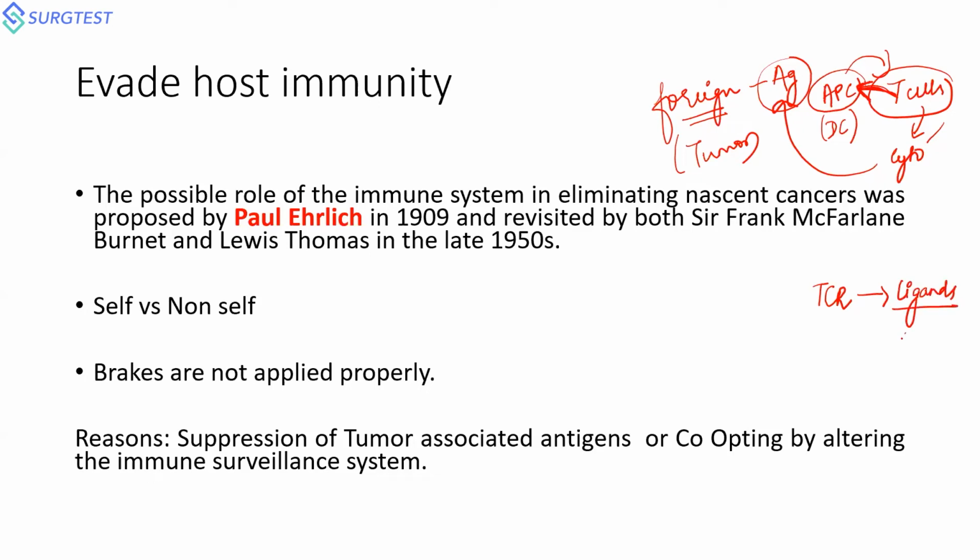The antigen presenting cell will be your dendritic cell. They will be expressing certain ligands, and the receptors will be there in your T cells. Whenever the T cell is unable to read or identify the ligand, the antigen presentation becomes useless, meaning immunity is being evaded. The host is unable to identify the foreign tumor cell as non-self.